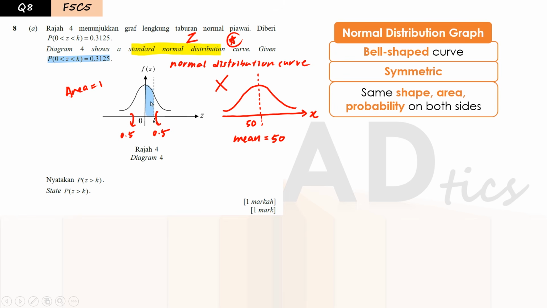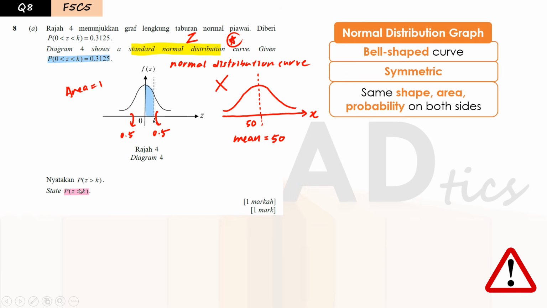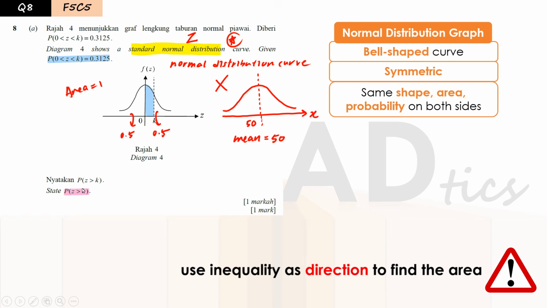So we know that this part has a probability of 0.3125. Now the question tells us to find the probability where z is greater than k. Let us also identify this area in the diagram. To find the area, usually I use the inequality as a direction.